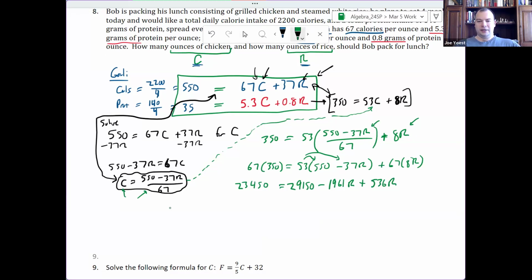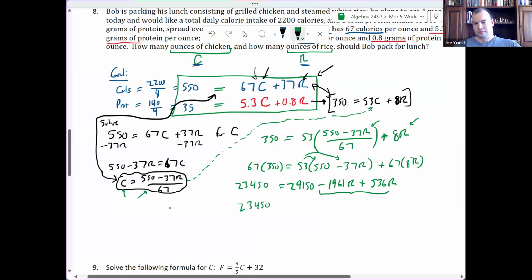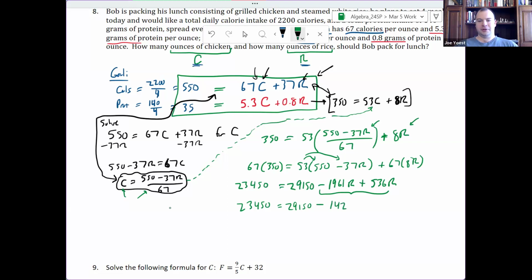What do I do now? I simplify, I combine my like terms. So I have minus 1961 plus 536 is minus 1425 times R. Okay, now what do I do? I isolate my variable term.